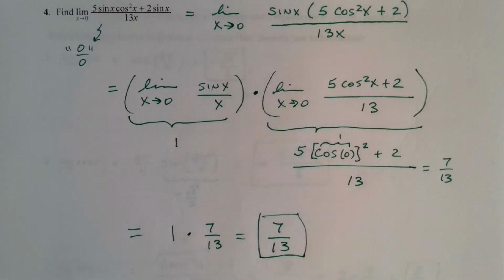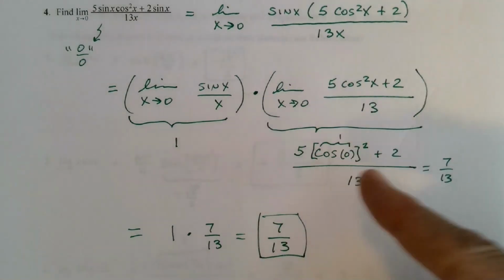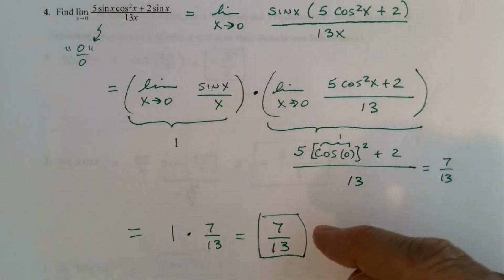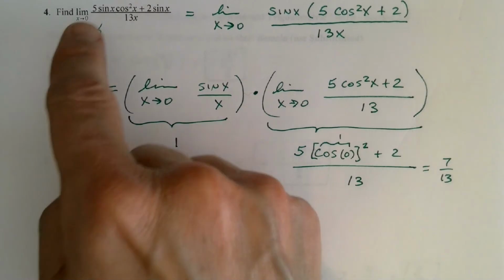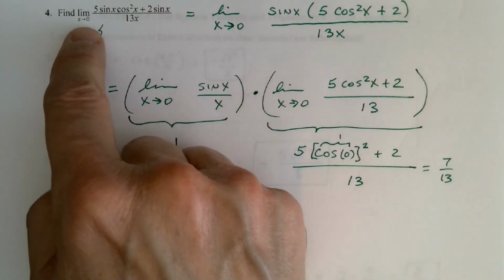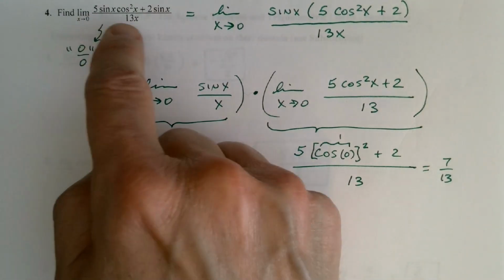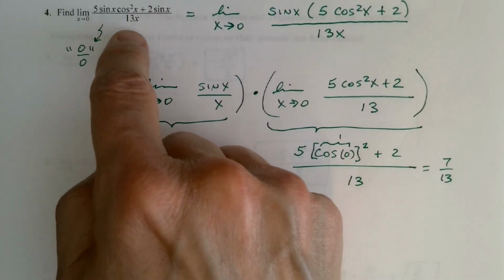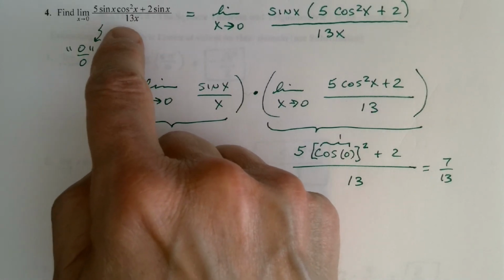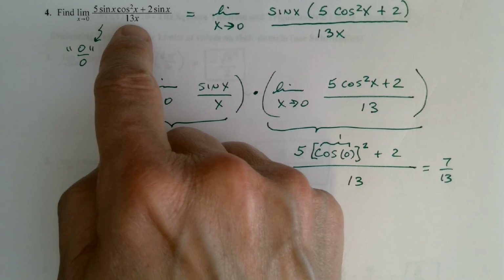Okay, keep in mind too, on finding these limits, we can make mistakes in here. Is there any way of checking your work? Yeah. Don't forget you can check numerically. You can go back to this function, plug in values of x closer and closer to 0, like 0.1, 0.01, 0.001, and so on, and see what this is approaching.